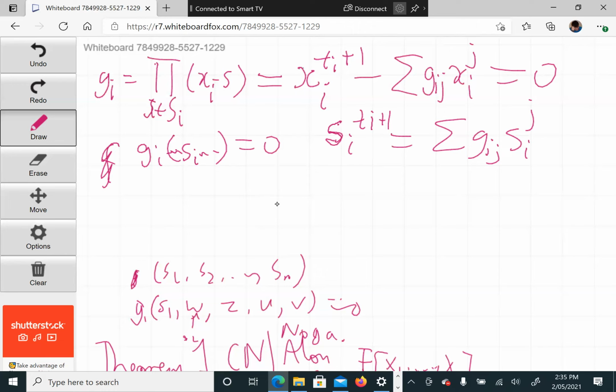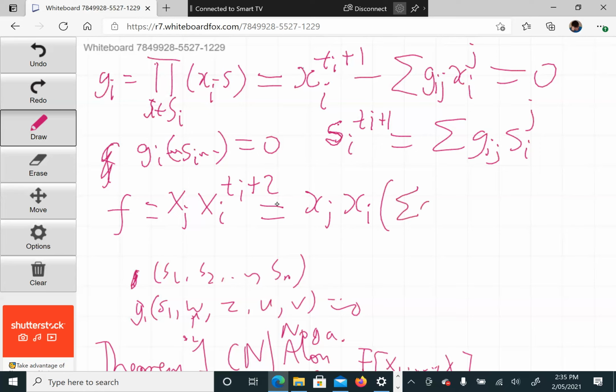If f has a term like x_i to the power of t_i plus 2, times a bunch of stuff x_j, you can rewrite that as x_j times x_i times that thing, basically, the sum of g_ij x_i^j, for x_i being an element of S_i.